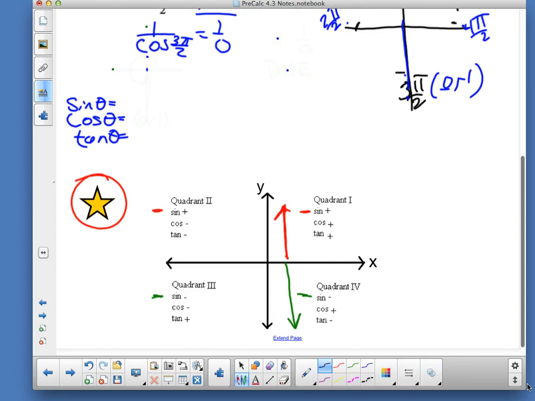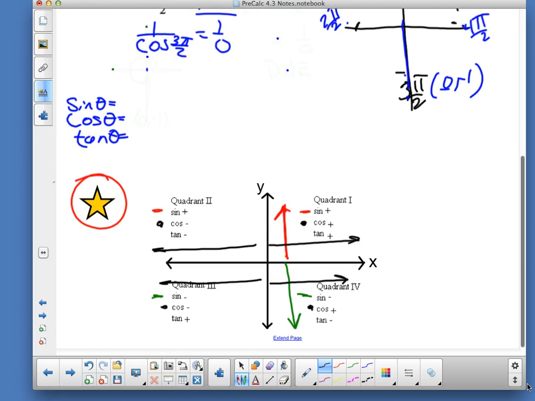If I'm talking about cosine, cosines in quadrants 1 and 4 are positive because I'm going out from the axis to the right. Cosines in quadrants 2 and 3 have to be negative because I'm going to the left. Are you okay with that?